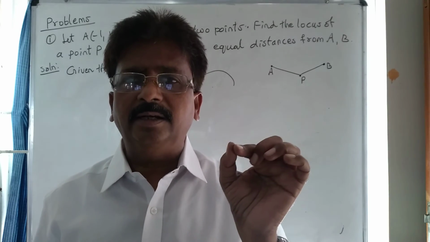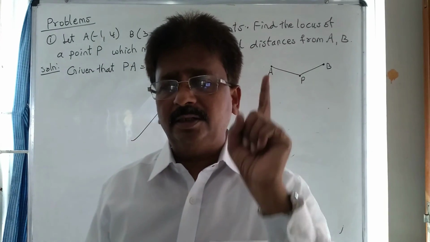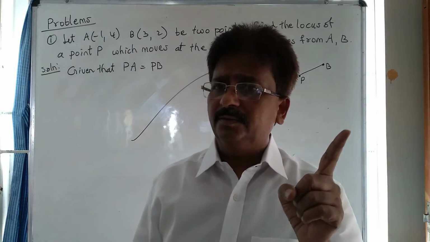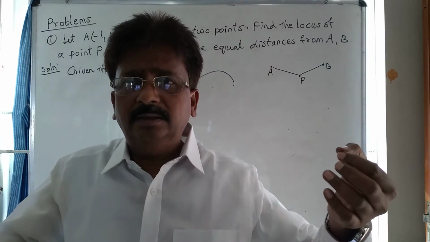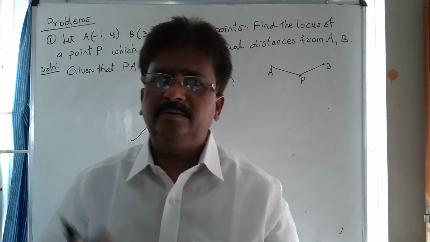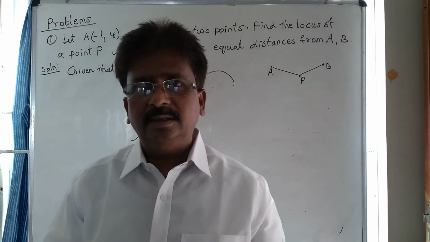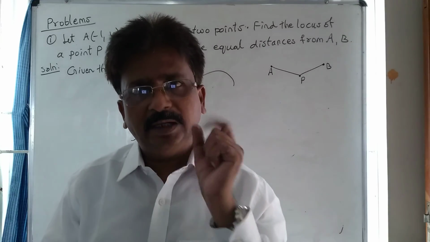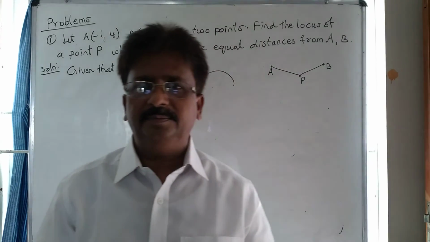Which is required here? In the locus problem, an equation is required which contains x and y, where x is the x coordinate of the moving point and y is the y coordinate of the moving point.